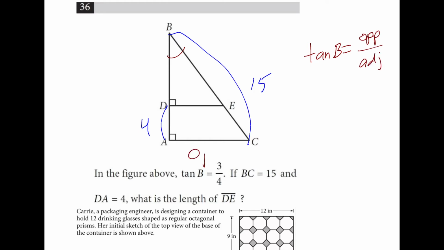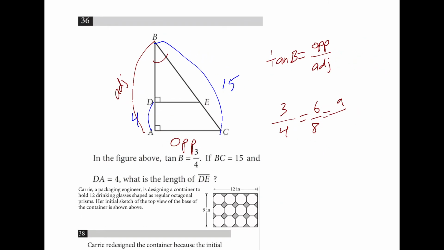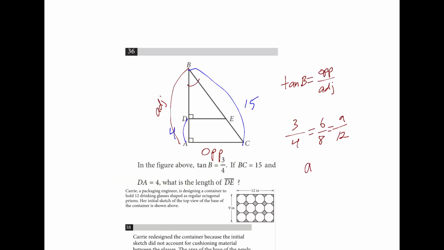So this is going to be the opposite side, and this whole thing is going to be the adjacent side. So I'm trying to come up with two sides that have a ratio of 3 to 4. So I could choose 3 over 4, I could choose 6 over 8, I could choose 9 over 12, and I'm also trying to make a squared plus b squared equal to 15 squared, since 15 is my hypotenuse here.